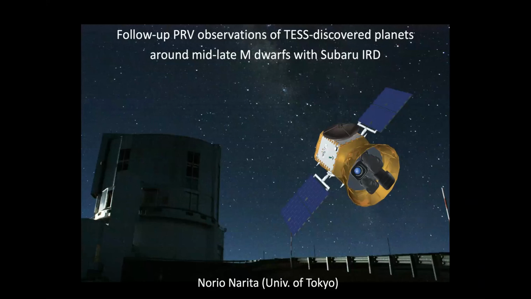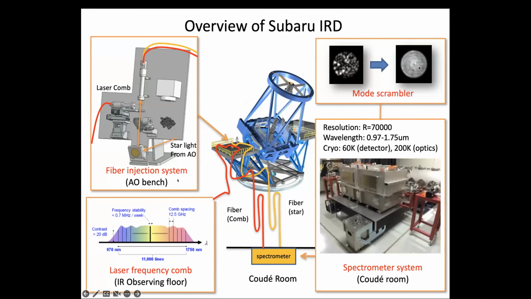Yes, please. Okay, so I'm Norio Narita from the University of Tokyo, and I'm leading a project to follow up TESS discovered planets around mid-to-late M dwarfs with SPIRou IRD. So first, I will introduce IRD.